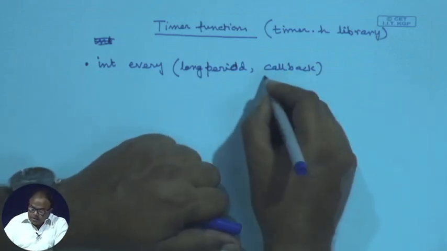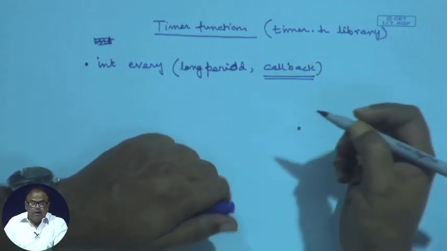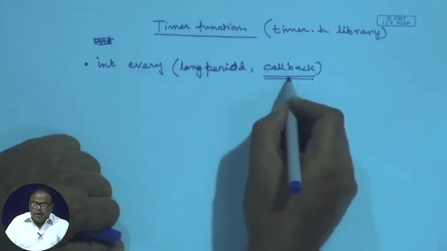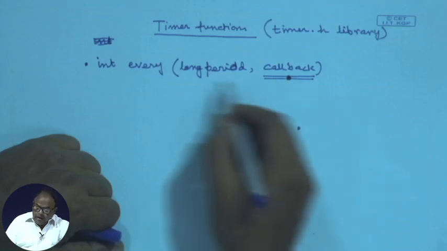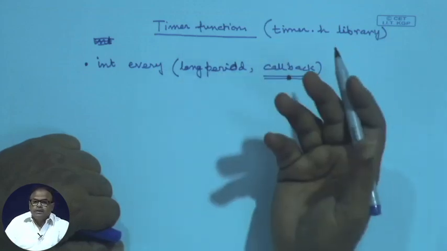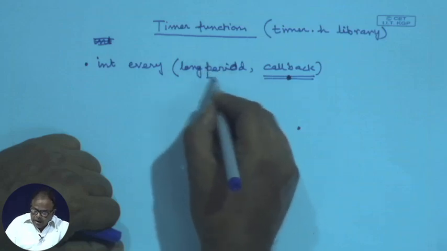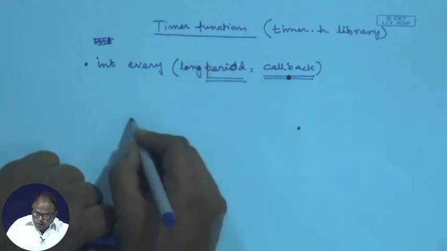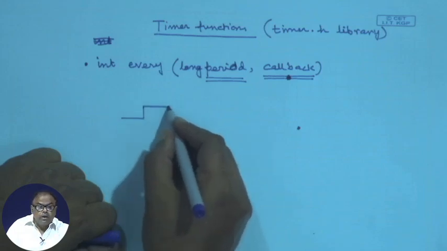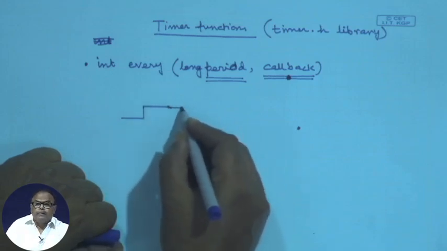That means the callback is some function that will be carried out after every period, where period is of type long int. So, this function works regularly. This means this callback is a periodic function.